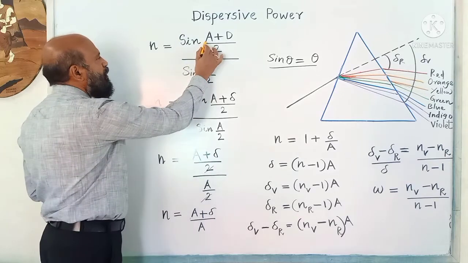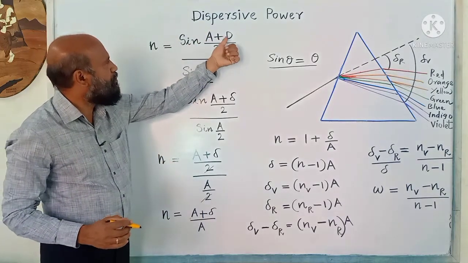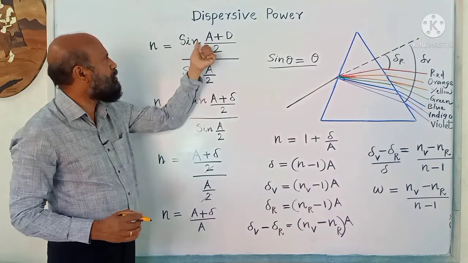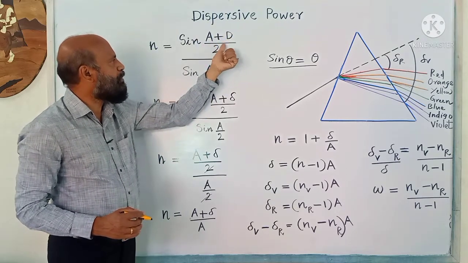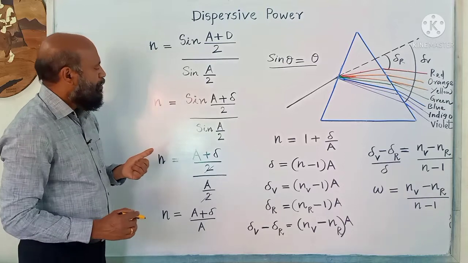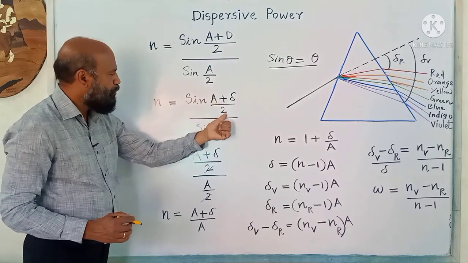So when the angle of the prism is very small, deviation is also small, so this is very small.